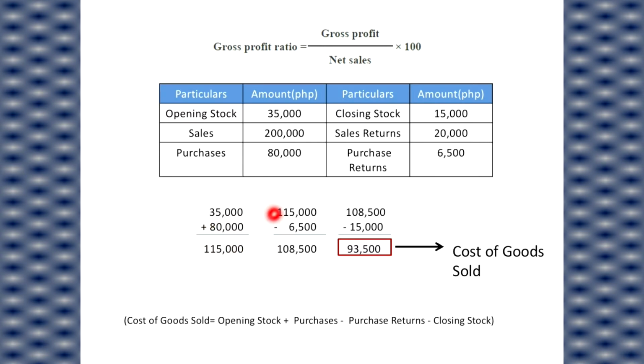Then we subtract the purchase returns of 6,500, which gives 108,500. Now we subtract the closing stock of 15,000 pesos. So, 108,500 minus 15,000 equals 93,500. That is the cost of goods sold.